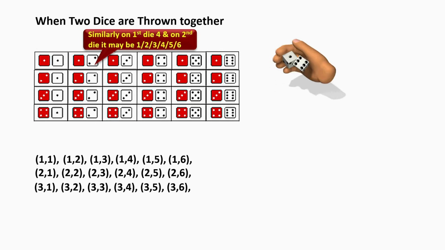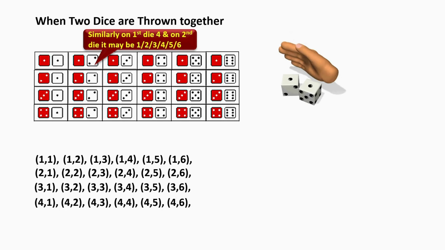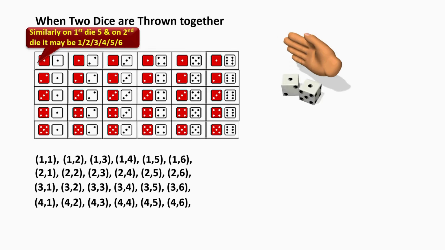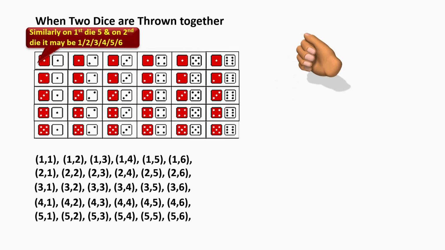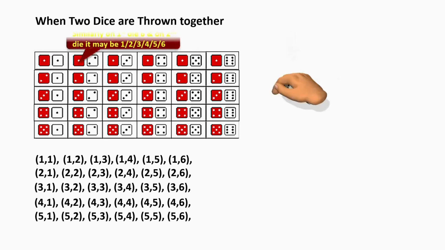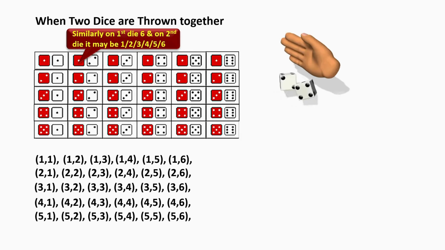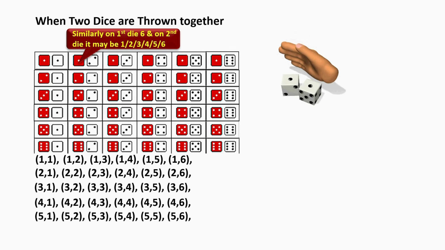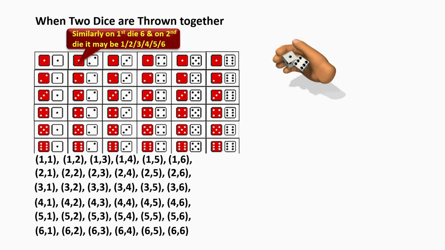Then we will get 4-1, 4-2, 4-3, 4-4, 4-5, 4-6. Then comes 5-1, 5-2, 5-3, 5-4, 5-5, 5-6. And at the end, if we consider the first die as 6, then it will be 6-1, 6-2, 6-3, 6-4, 6-5, 6-6.